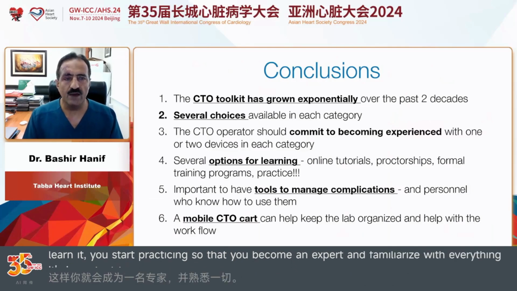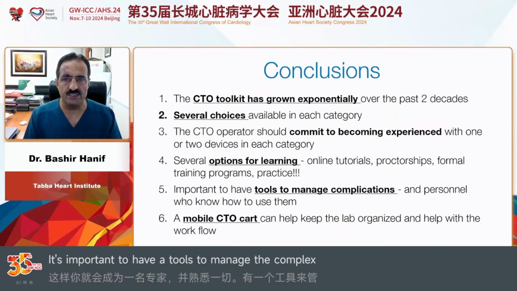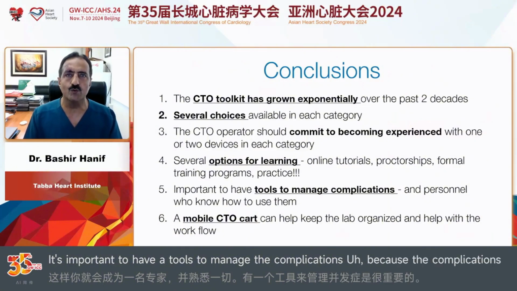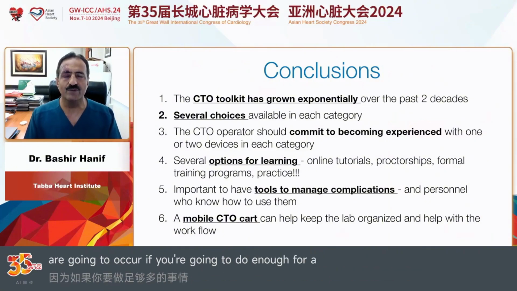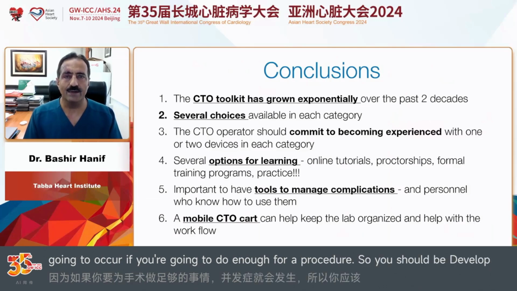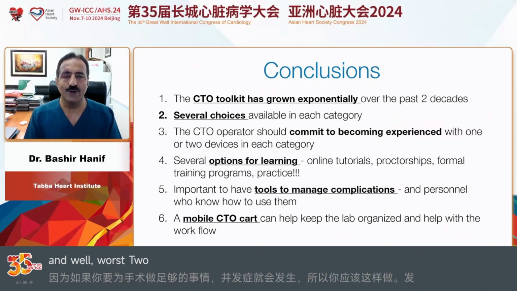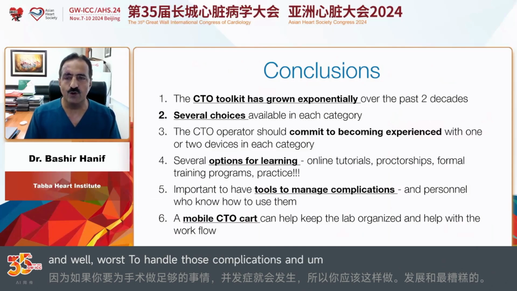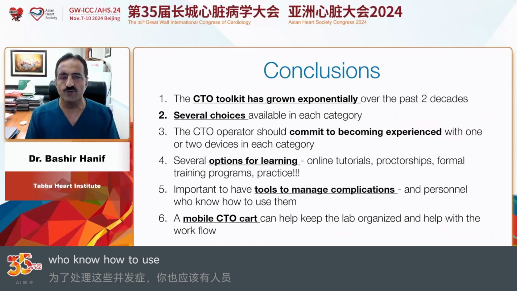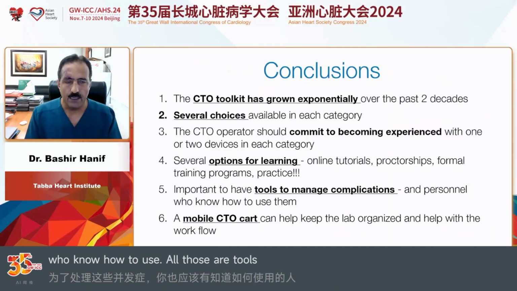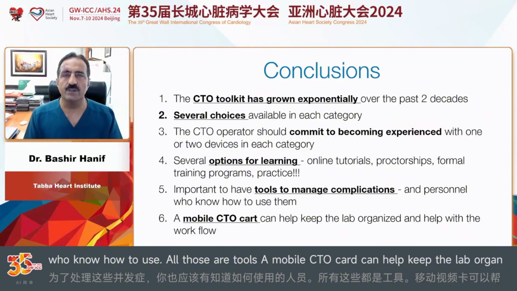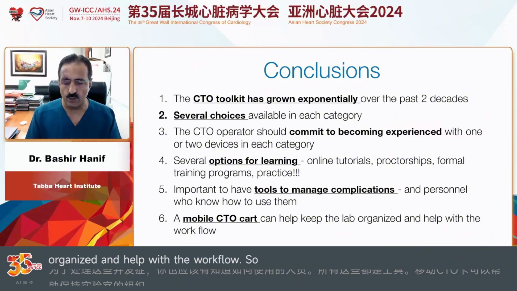It's important to have tools to manage complications, because complications are going to occur if you do enough procedures. So you should be well equipped and well versed to handle those complications, and you should also have personnel who know how to use all those tools. A mobile CTO cart can help keep the lab organized and help with the workflow, which is very important.